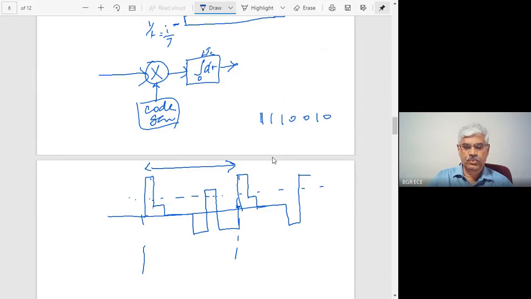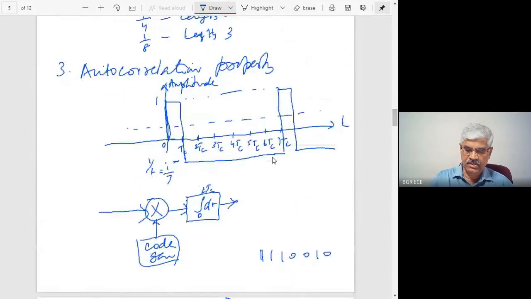So to spread the spectrum, you need one other bit pattern, but that bit pattern should satisfy certain properties, so that it will easily allow you to detect the original data that you multiplied with. So this property is very essential as far as detection is concerned when you transmit a spread signal.